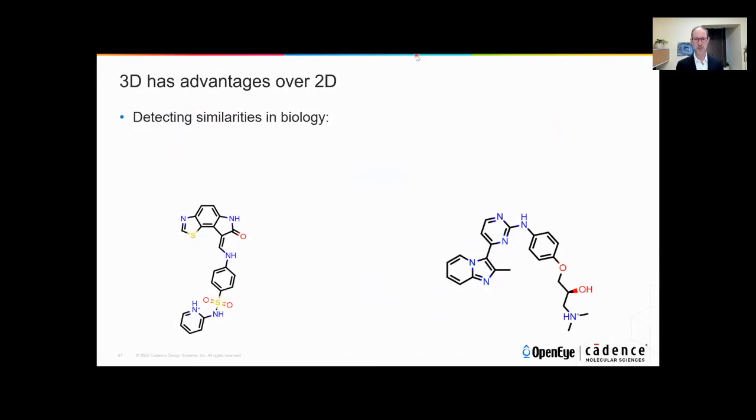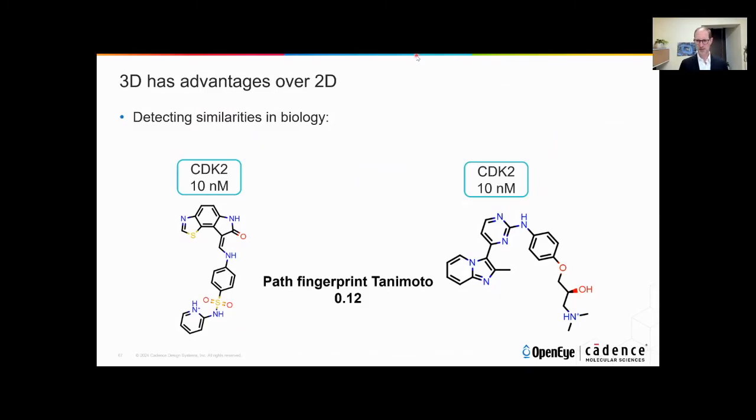Two molecules here, very different in 2D structure, very similar in biology. They're both equipotent and reasonably good binders for the CDK2 protein. So they're highly similar in biology, but very different in 2D. If we compute the fingerprint similarity between these two molecules using a path fingerprint, it's 0.12 on a scale of 0 to 1.